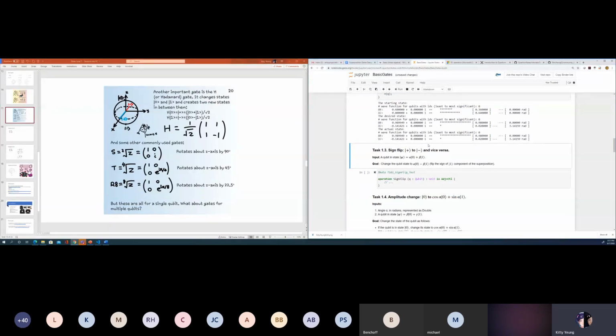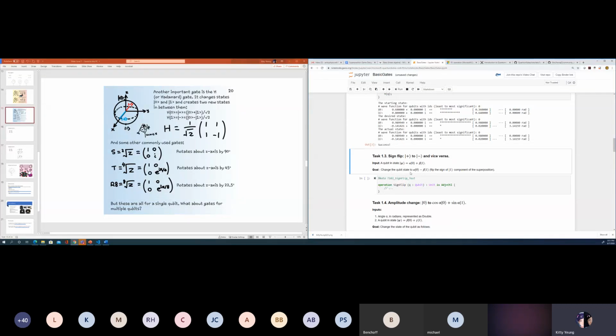Task 1.3, sign flip. This is a sign flip challenge. For a qubit, now change the qubit state from plus to minus. Do people remember which gate that is?